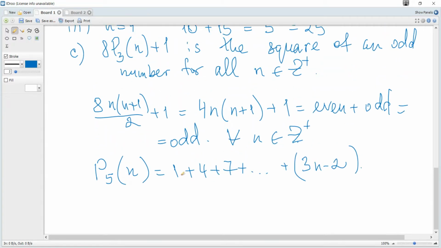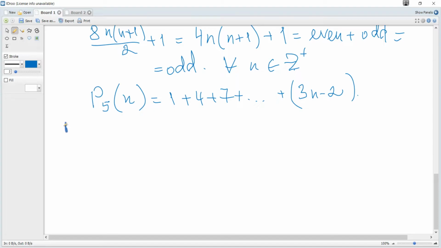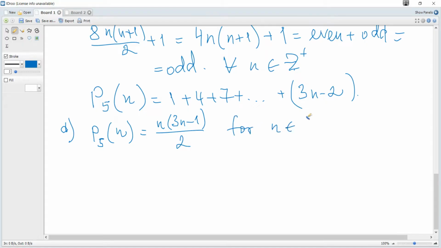It means the first pentagonal number is 1, the second is 5, the third is 12, and so on. And question D, 3 marks, hence show that P5 of n is n times 3n minus 1 over 2 for n positive integer.